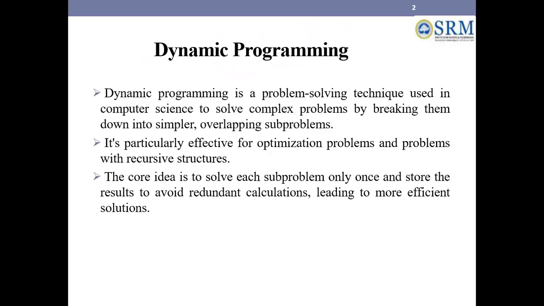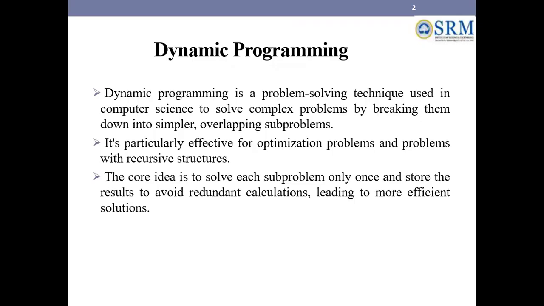Dynamic programming is a problem-solving technique or method used for solving complex problems, like optimization problems. An optimization problem will give the maximum value for a maximization problem and the minimum value for a minimization problem.